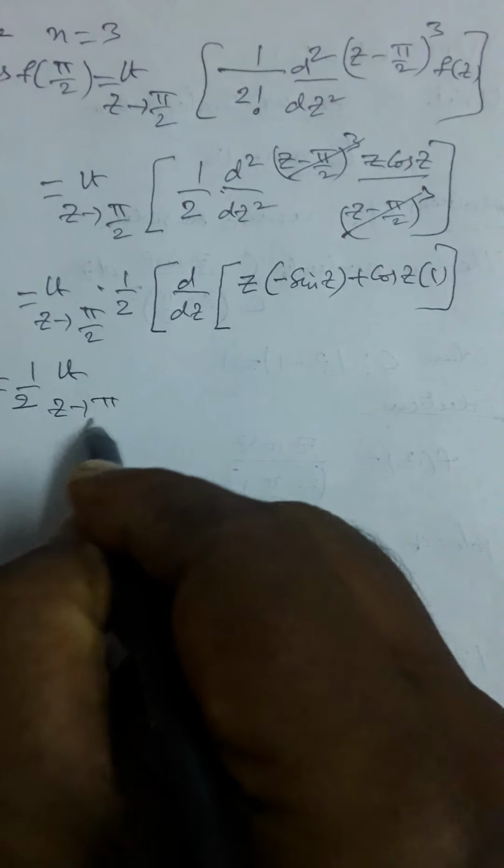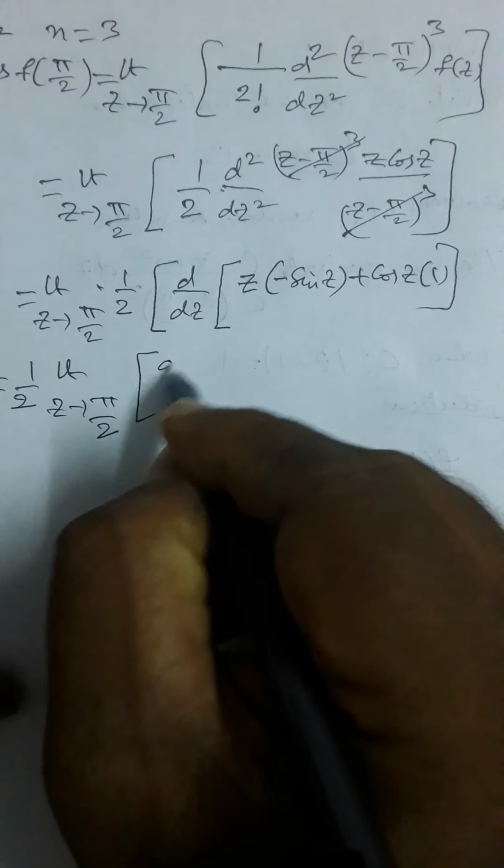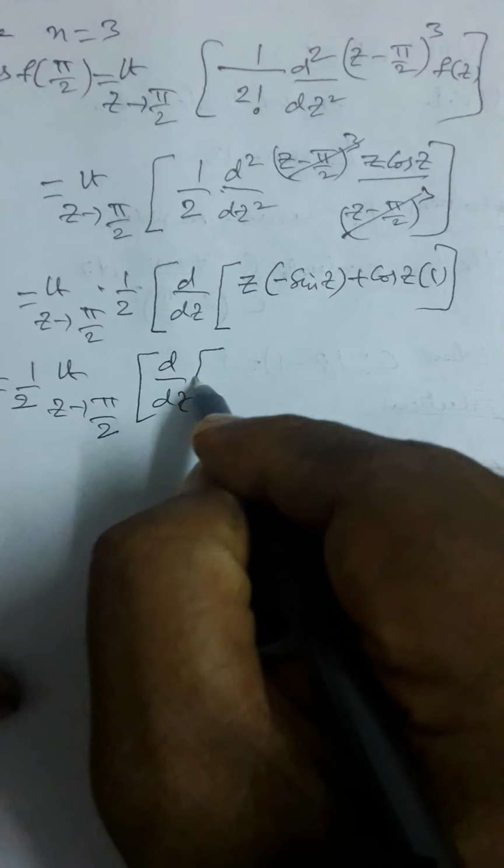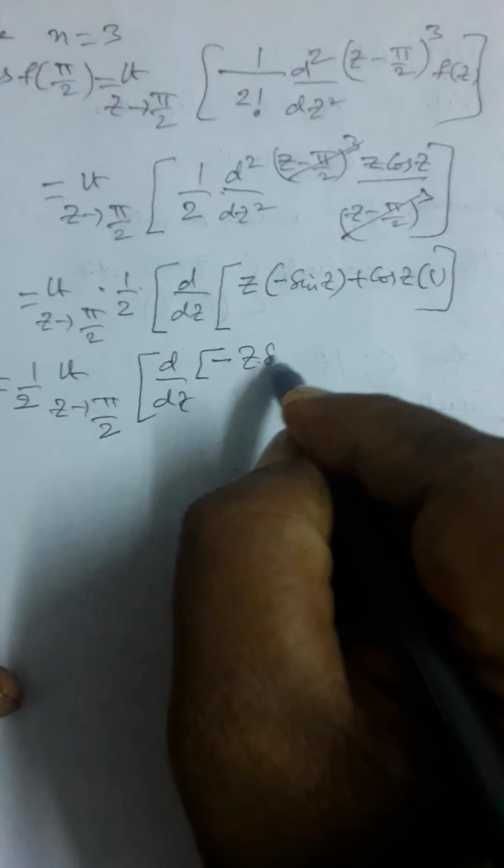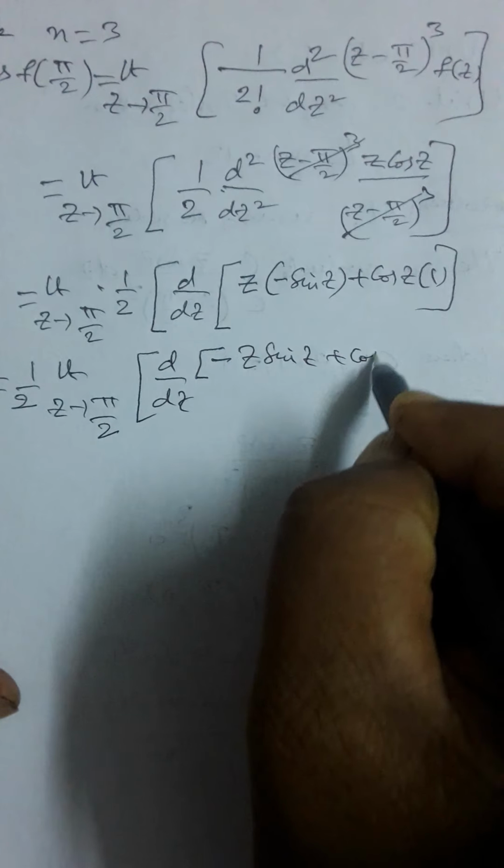Limit z tends to pi by 2, d by dz, simplify it: minus z sin z plus cos z.